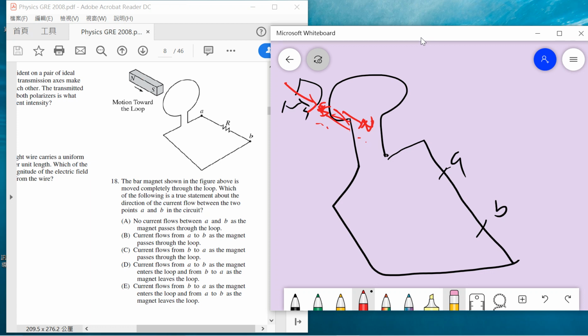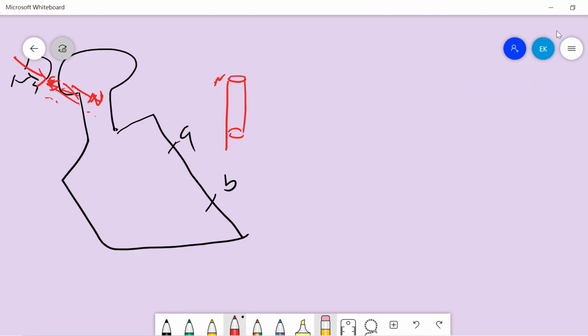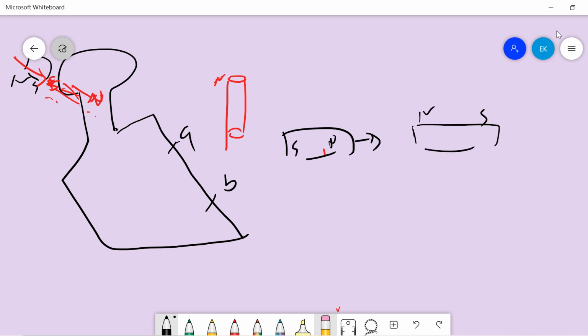Let me draw a graph to illustrate. Suppose N comes here, then a virtual N will appear. In order to generate N, you will have the current on this side.